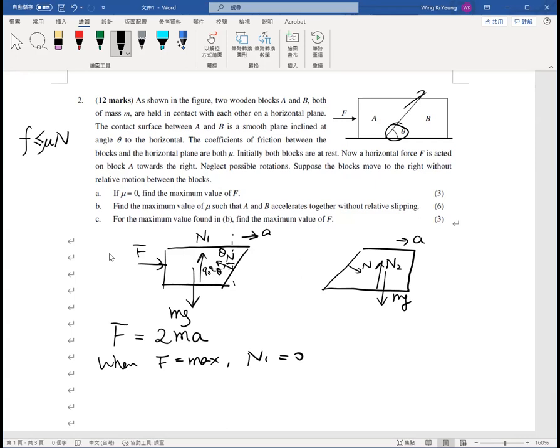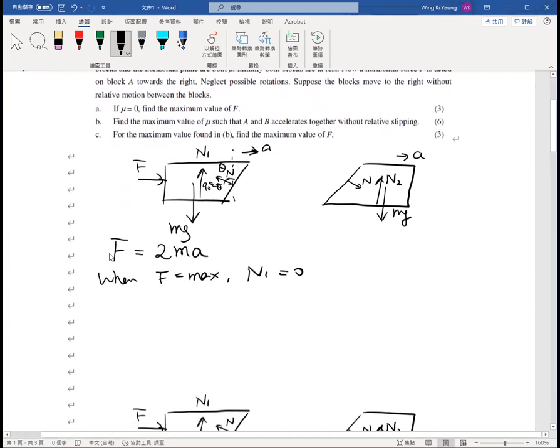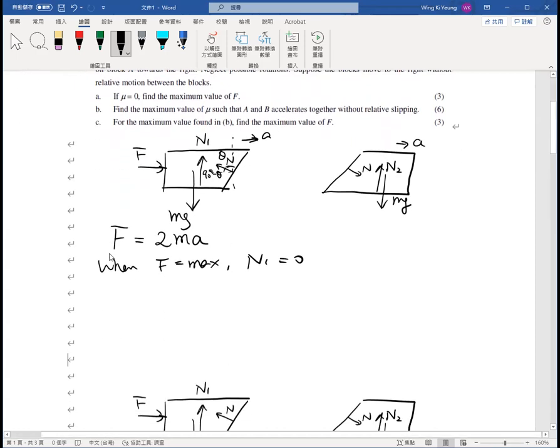Then I decompose the vertical forces because we need to set the equation for N1 is 0. If N1 is not 0, then you can write it as N sine theta plus N1 equals mg. But right now N1 is 0, so you can set N sine theta equal to mg.